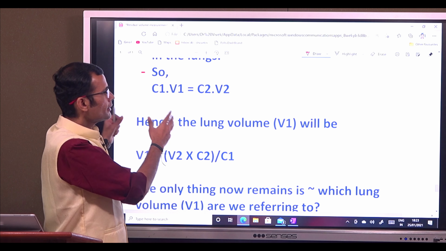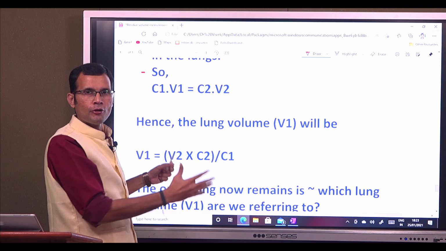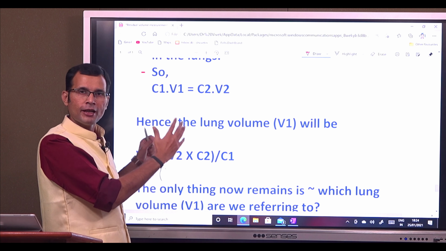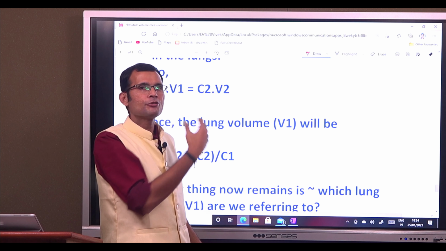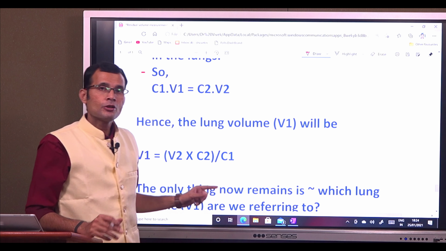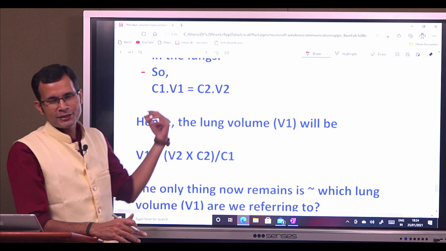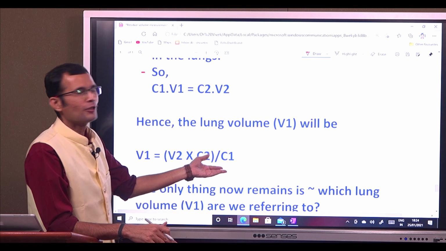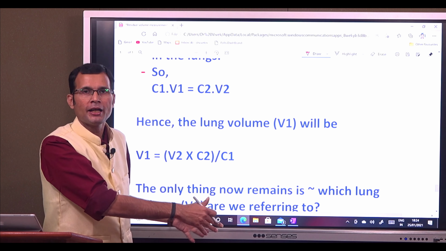So there will be some concentration of that tea powder finally present in the bag where we collected it. That will be the final concentration of the tea powder in that example, or the concentration of nitrogen in the bag.